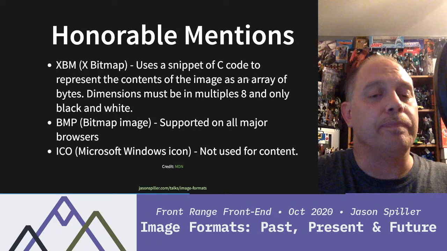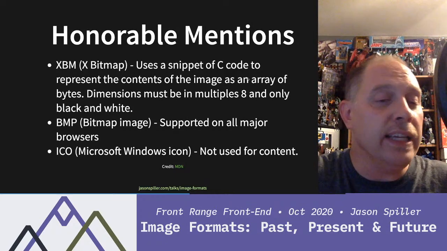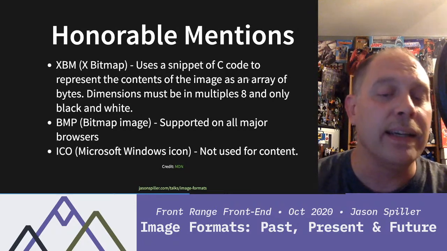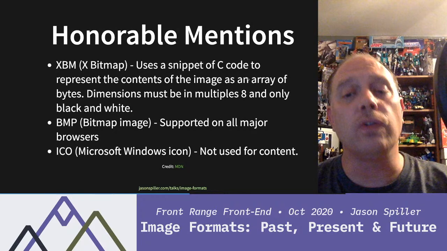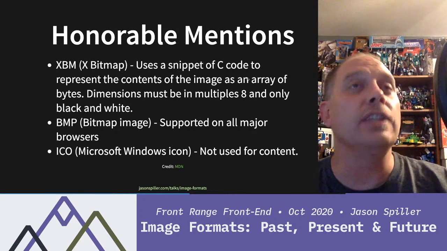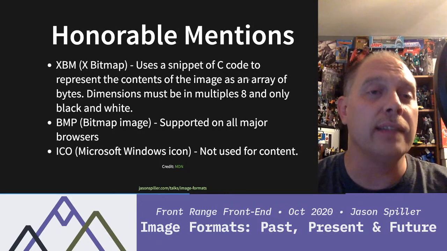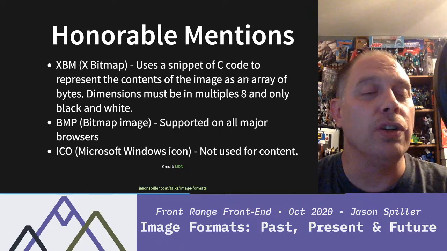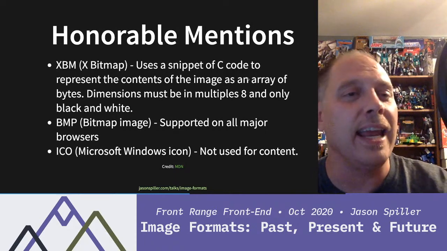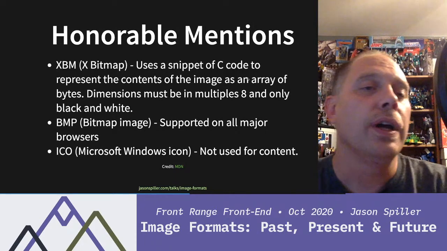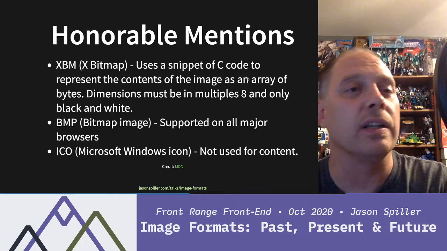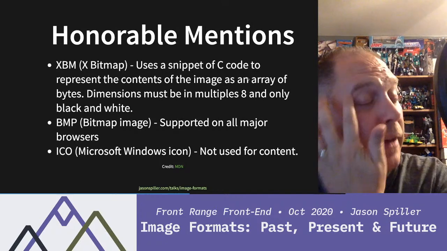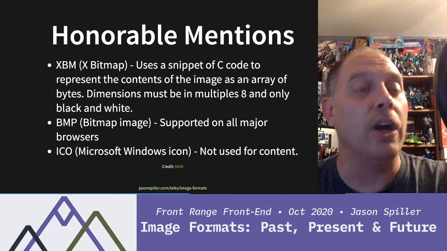And then another one that's an oldie but a goodie, still in use today, is the ICO. This is the Microsoft Windows icon file format. This wasn't used for content. This was primarily used for favicons or favorite icons. For when you would add a page to your favorites, it would save this little icon next to the name, or what we probably see more regularly nowadays is it's the little icon that appears next to the tab on the window you're in.